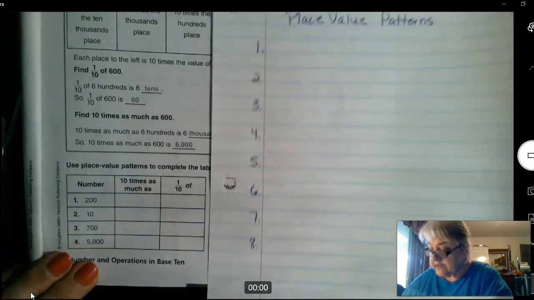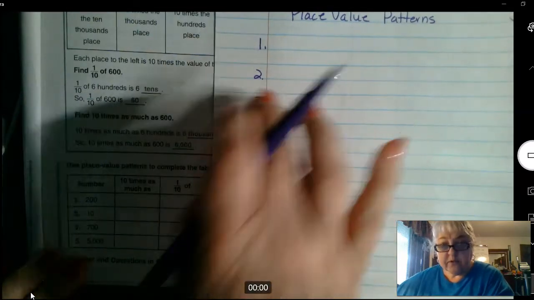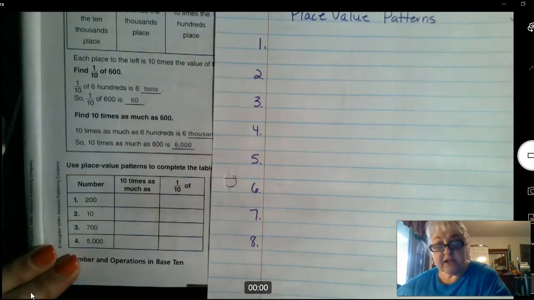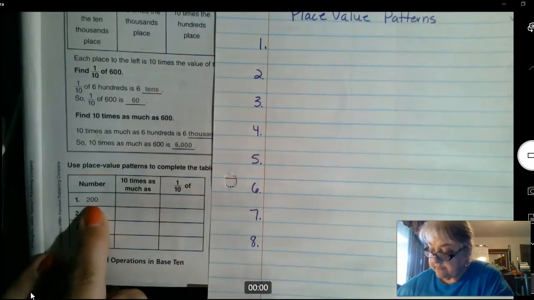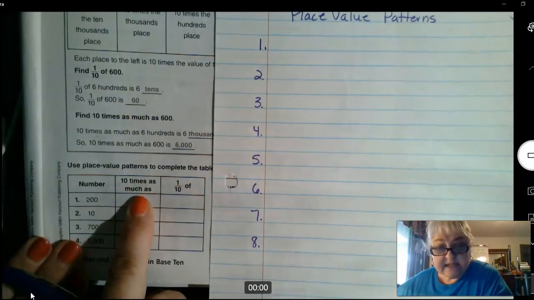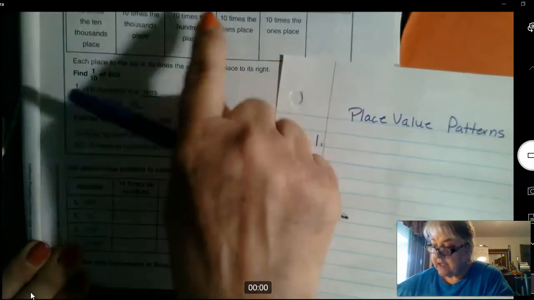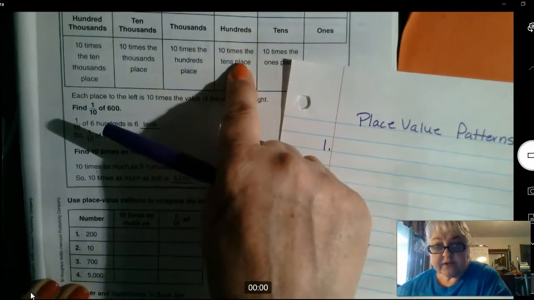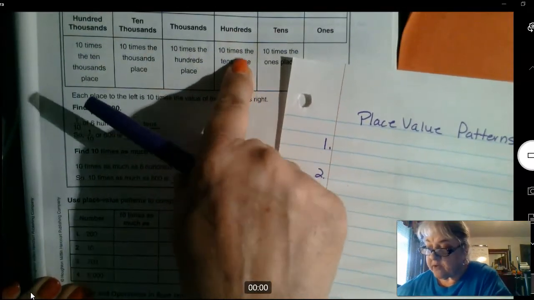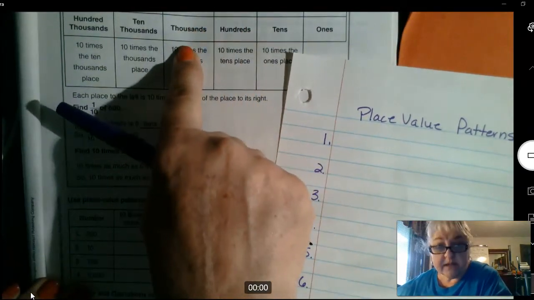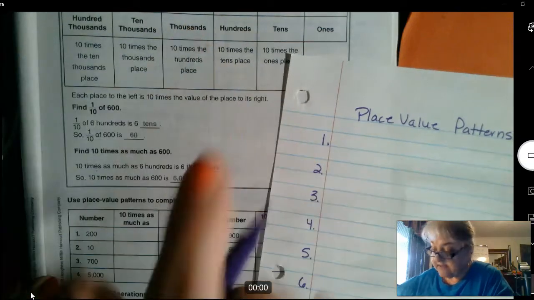Just like that, okay? So I'm going to show you how we're going to look at the problem and how we're going to write it on the page in our math journal. The number 200, what would be 10 times as much? I'm going up here to my chart, hundreds. If I want to go 10 times bigger, I'm going to go 1 hop, and I'm going to be thousands.